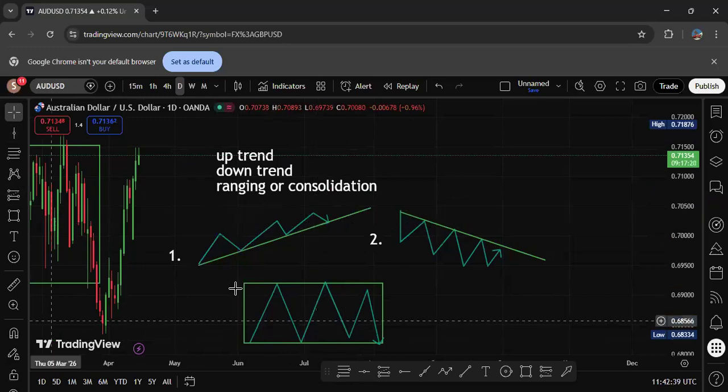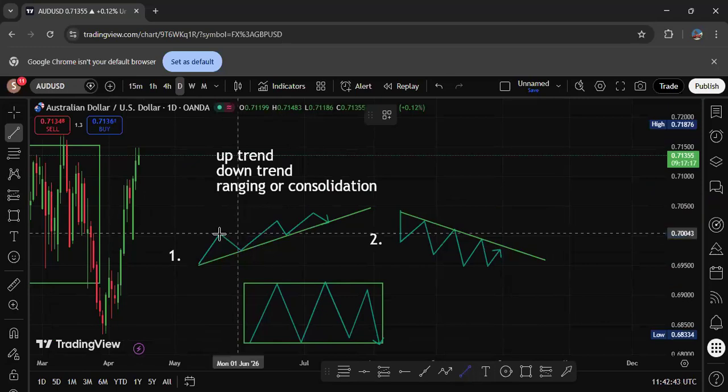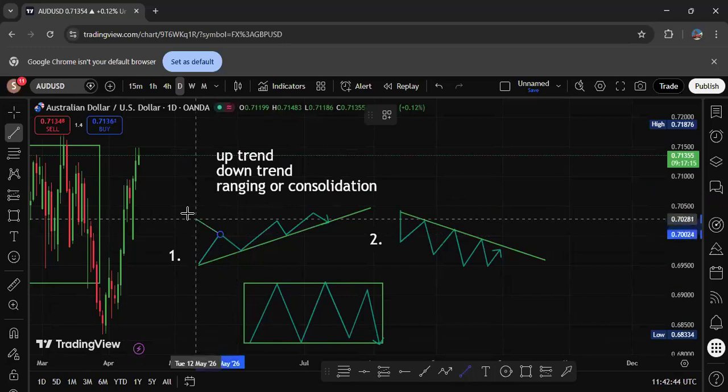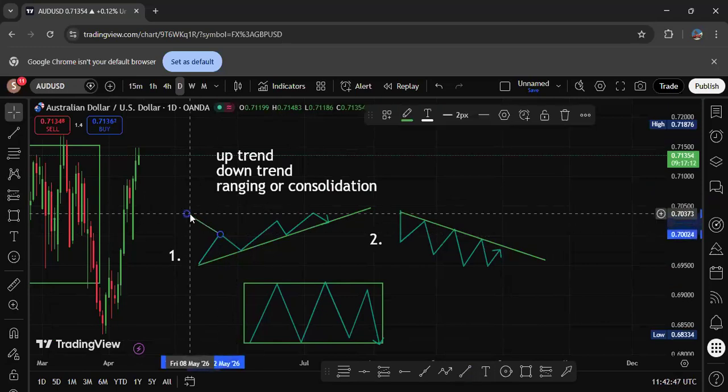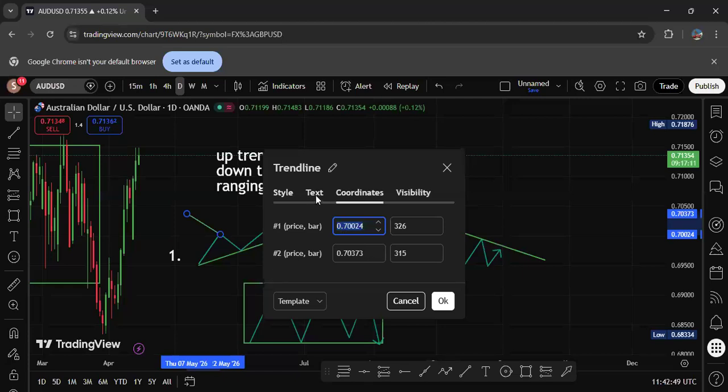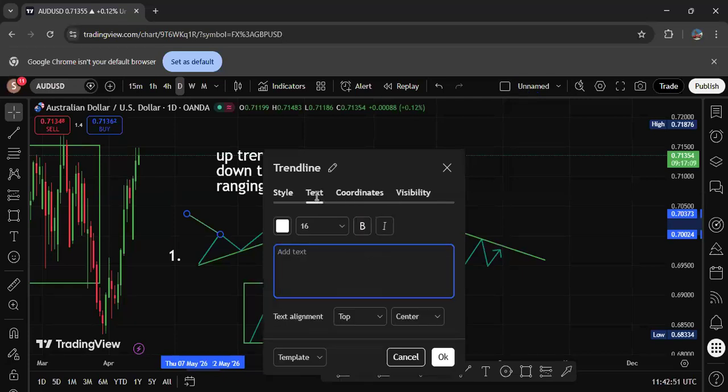If you see some people's charts, they label something like that. That's higher high, right? You see something like H, something like this.